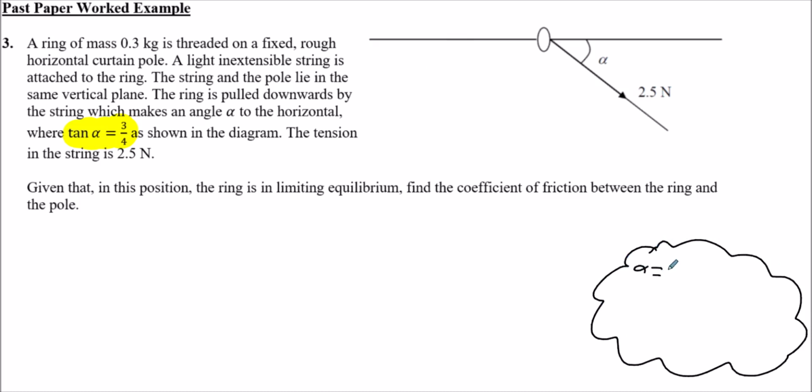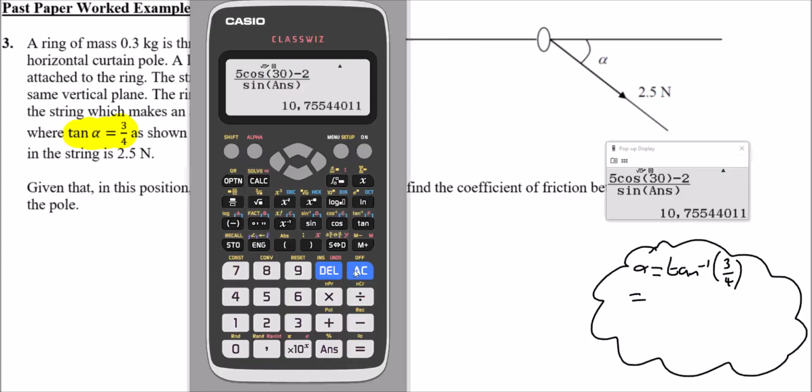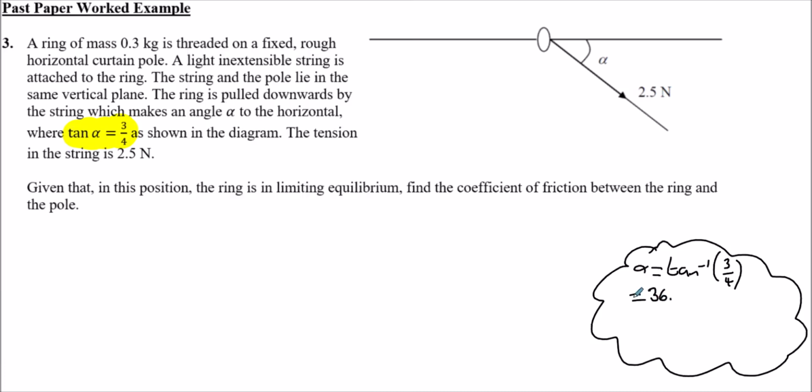So alpha is tan minus 1 of 3/4. If we do that now, shift tan minus 1, 3/4, we get 36.869 and so on. So not a very easy figure to work with. So therefore, sine alpha means sine of that 36.8 and so on.